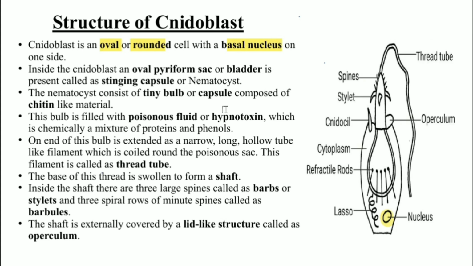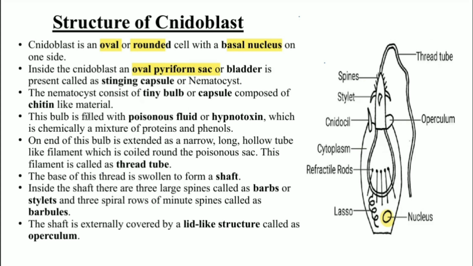And inside the cnidoblast, an oval pyriform sac is present, which is called as stinging capsule. So this is the oval pyriform bladder, and this is called as the stinging capsule. It is made up of chitin.